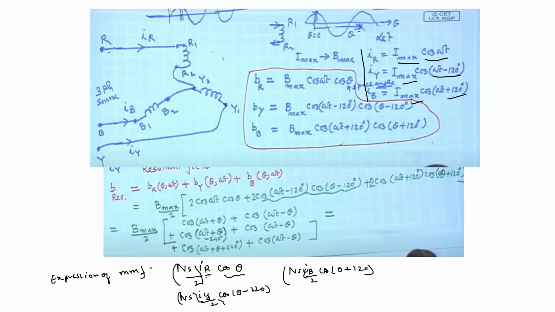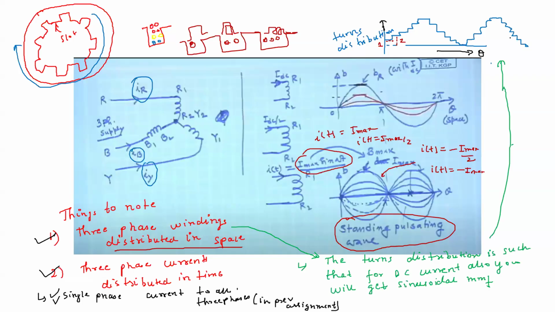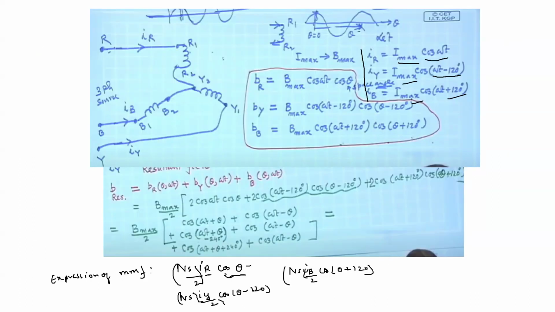But now because of the sinusoidal distribution in space, this cos theta is the fundamental component. Because of the sinusoidal distribution in space, you will have third harmonic and various harmonics. But by writing cos theta only, I mean only the fundamental component of the space distribution.